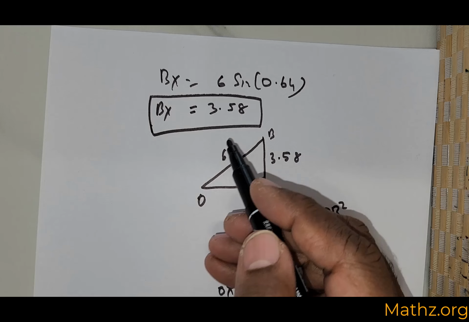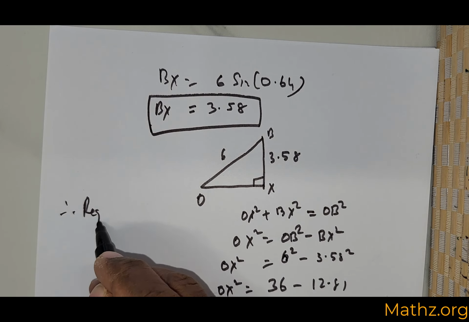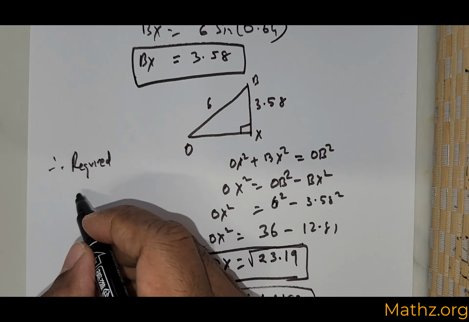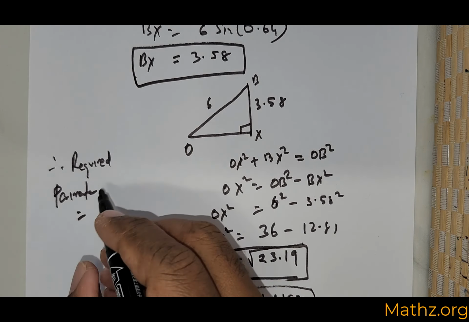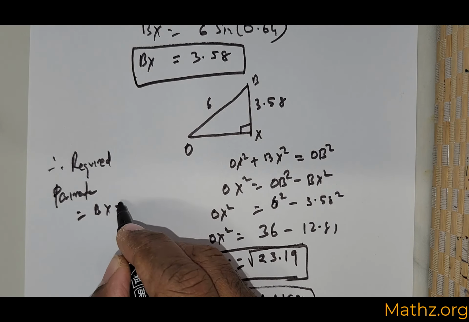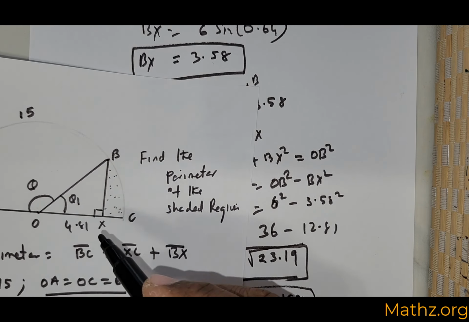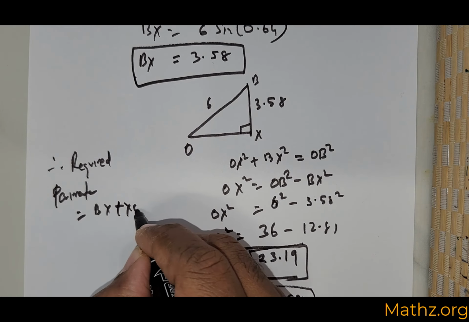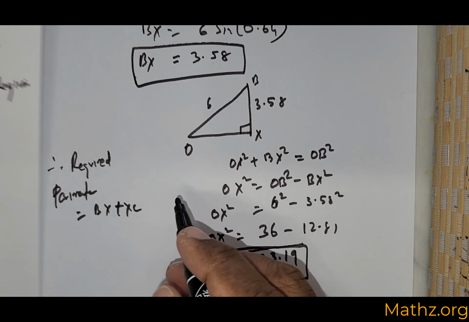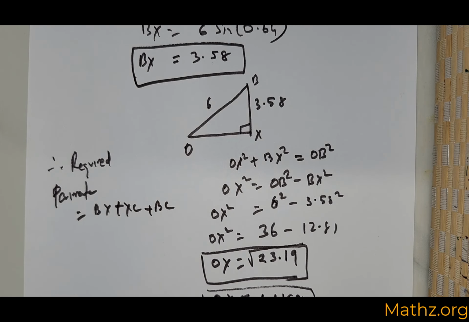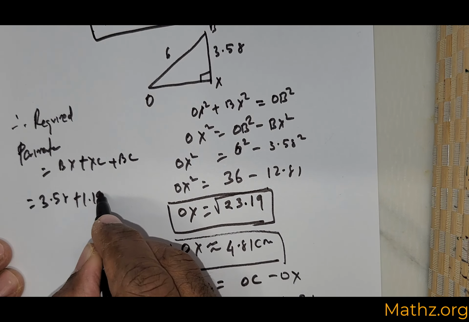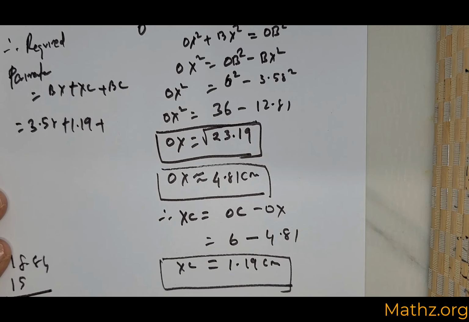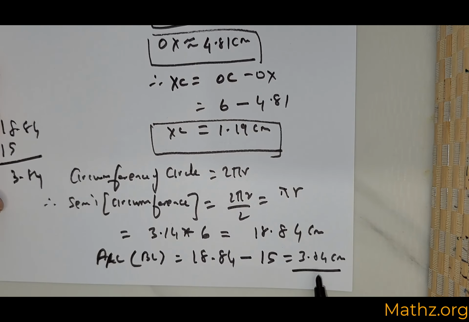So the required perimeter is equal to BX plus XC plus BC. So let's add them all. This is 3.58 plus XC is 1.19 plus BC is 3.84.